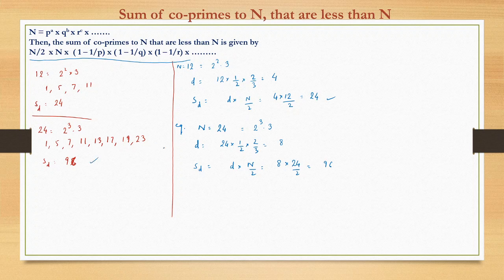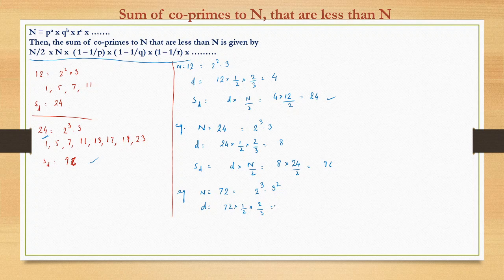Here we had to add all such numbers, and as the number n increases, this will be even lengthier and complicated to calculate. Now, if we see another example, n is equal to 72. So this we can write as 2 raised to power 3 into 3 square. So what will be d? d will be 72 into 1 by 2 into 2 by 3.